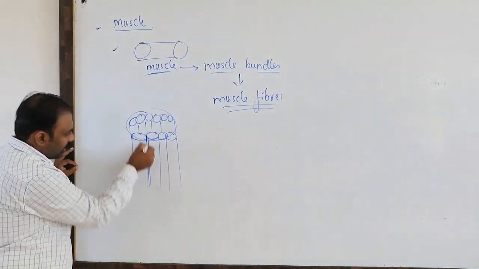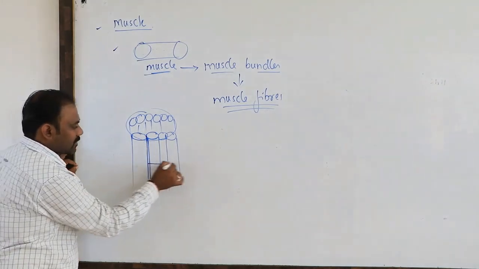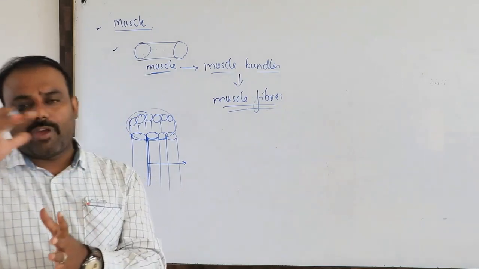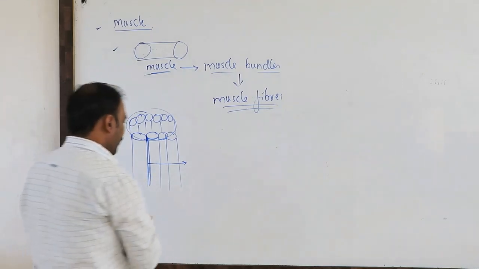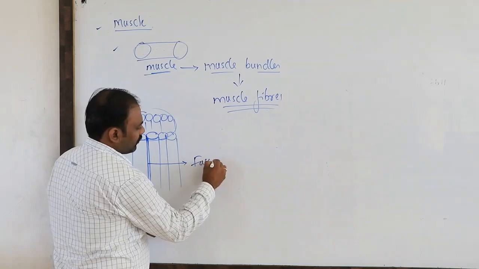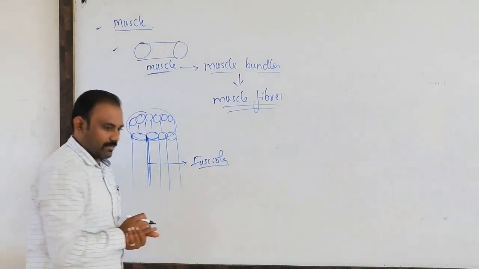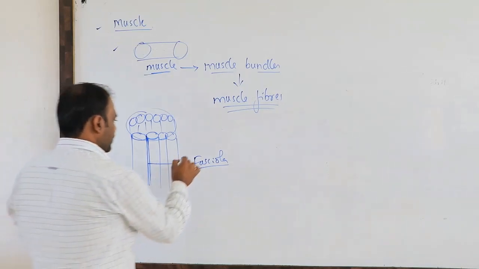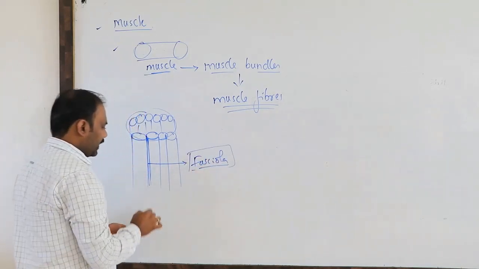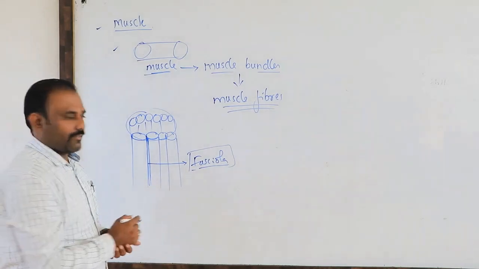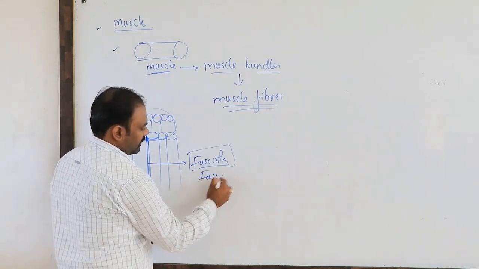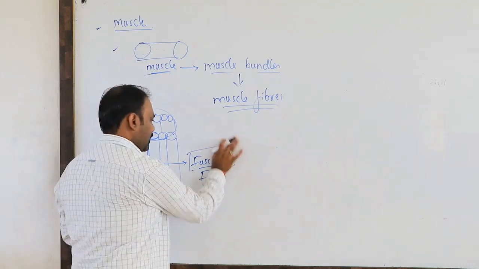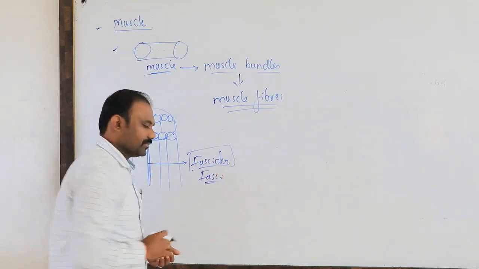One muscle bundle is attached to the very next muscle bundle with the help of fascia, a kind of connective tissue. Just remember, these are fascicles.